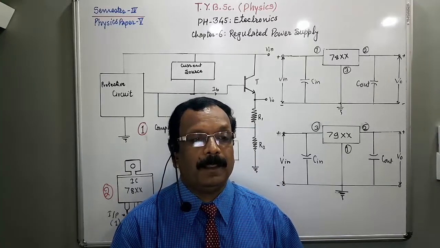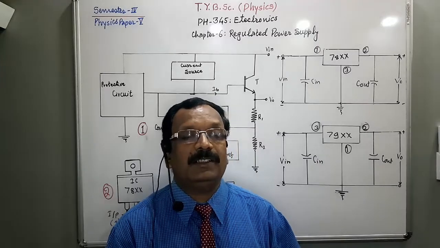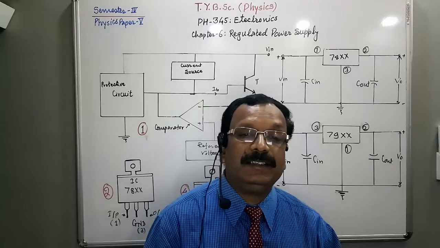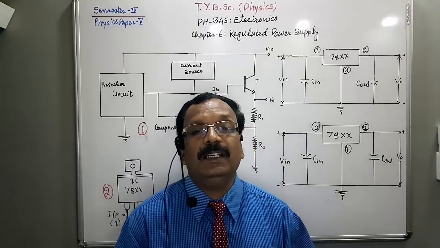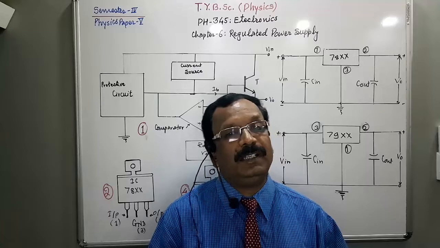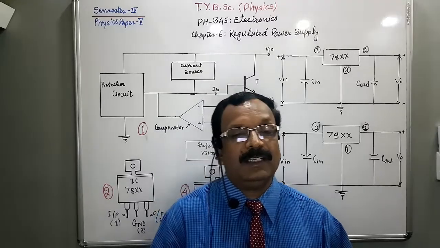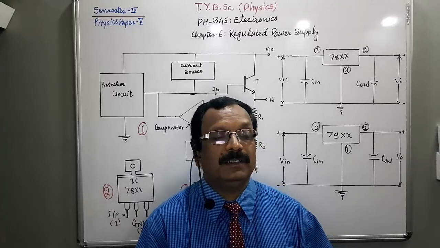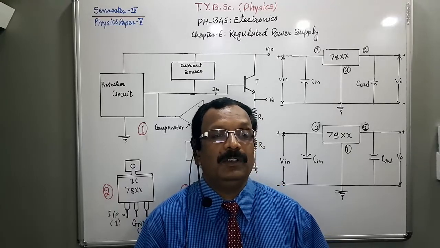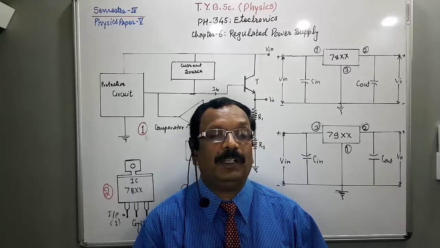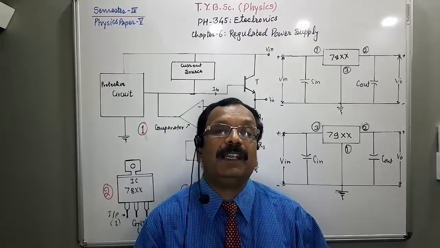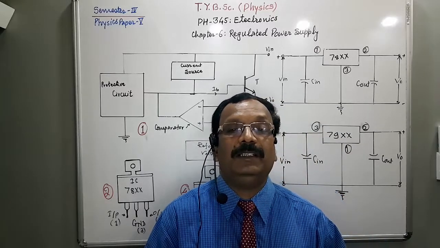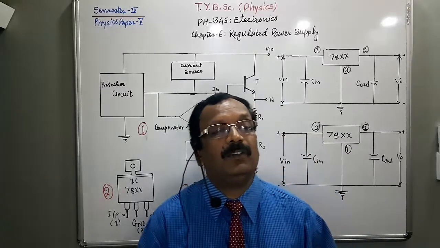For a regulated output voltage, the IC 78 series, IC 79 series or IC 723 are the best regulating electronic elements.